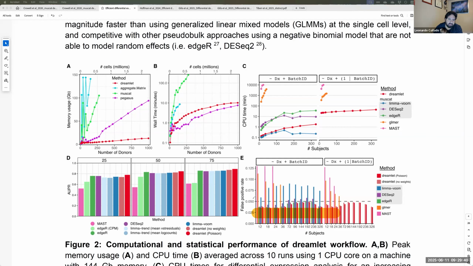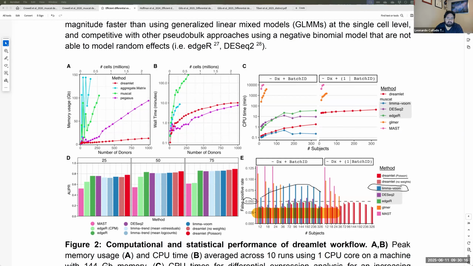But maybe the thing that we care about more here is panel E, where we have the false positive rate on the y-axis. You want that to be low, and we can see that the red bar here for Dreamlet Poisson is actually one of the lowest. Some other methods, for example limma-voom in particular, you can see that this blue line over here is pretty high, above the 5% y-axis line.